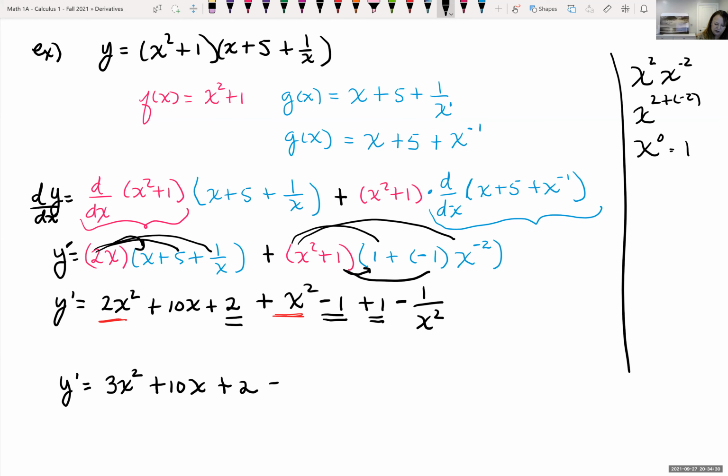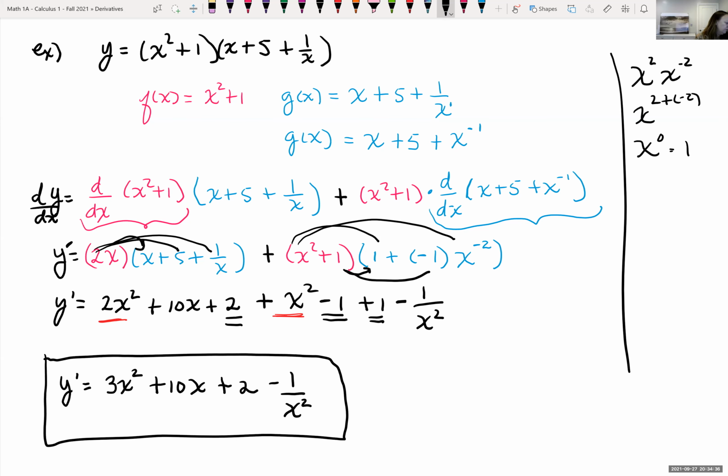And then minus 1 over x squared. So that is the product rule.